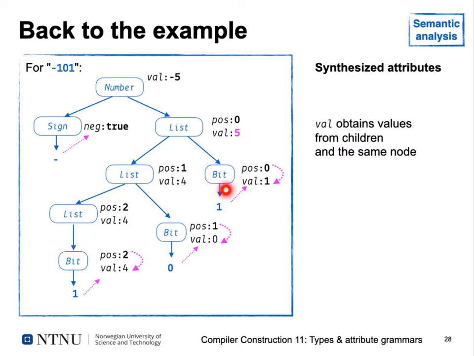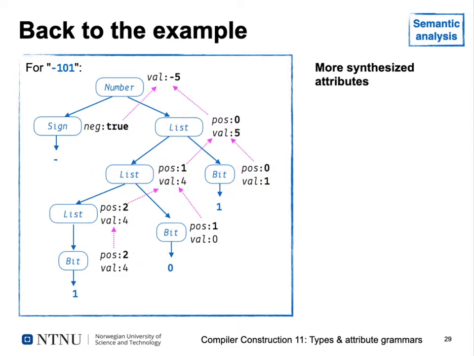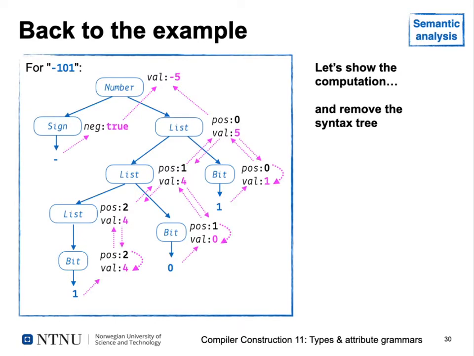We can say we have a token 1, which synthesizes the value attribute in our bit, and then we can synthesize something like a value 5 here, which could be combined from this value 4 and value 1. These are the other synthesized attributes that also occur in our annotated grammar. So this is all that happens.